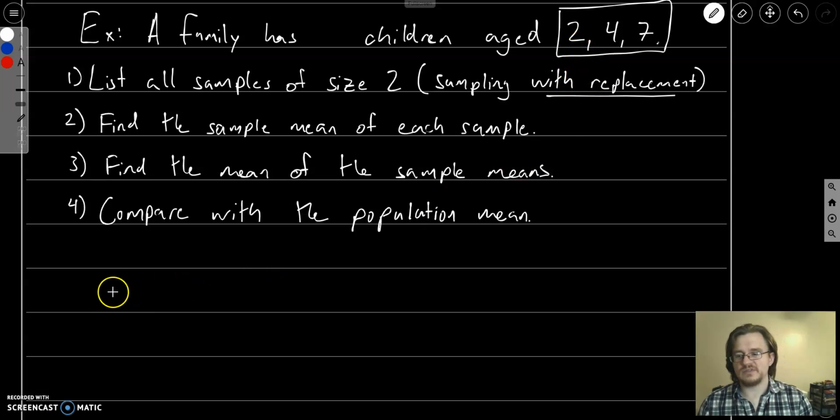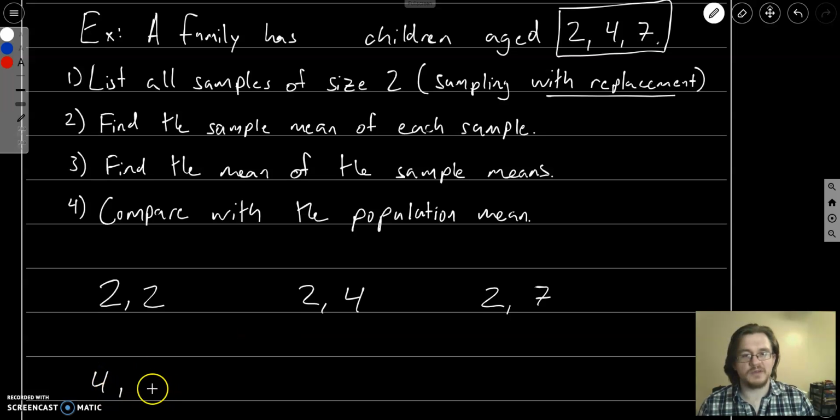So what sorts of samples could we choose? Well, we could choose the 2 for the first number in the sample, and then we'll put it back. And then for the second number we could also pick a 2, or if we pick a 2 first, we could get a 4, or we might get a 7. Next, we could consider all the samples where we pick 4 first.